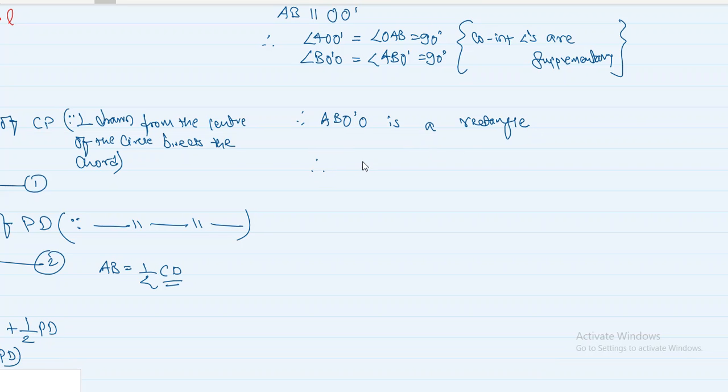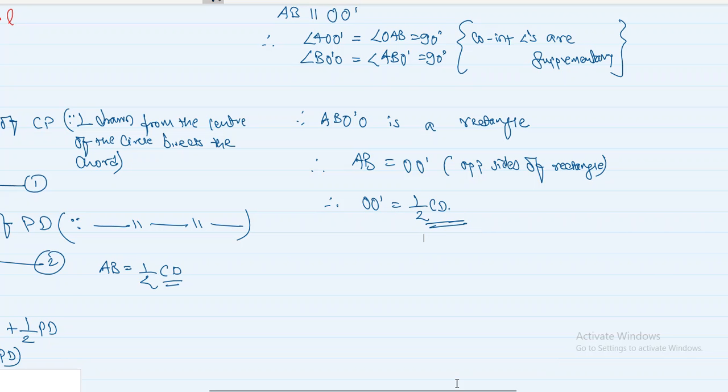And therefore, we can say that AB is equal to OO dash, opposite sides of rectangle, and therefore we can say that OO dash is equal to half of CD.